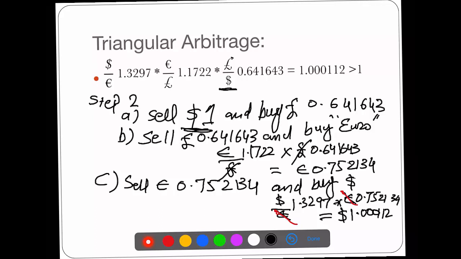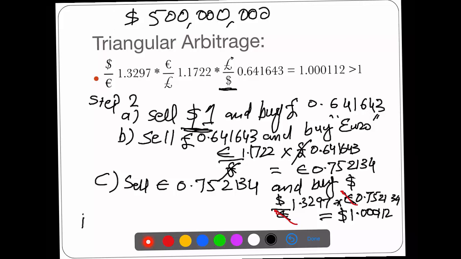So this is the process through which anyone can generate the profit through triangular arbitrage. Now, what would be the profit on the $500 million? If you do this calculation, you will find out that it is approximately 56,000.